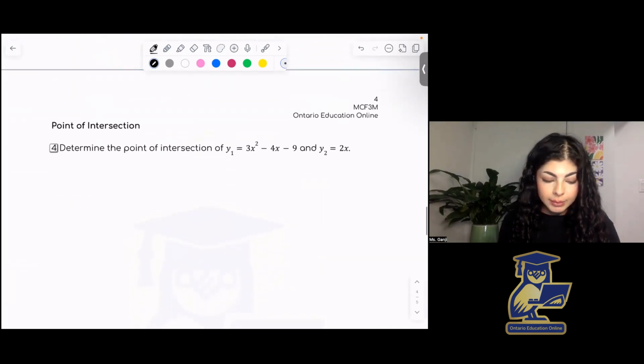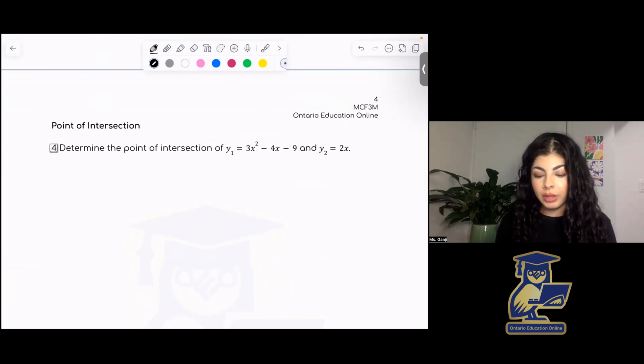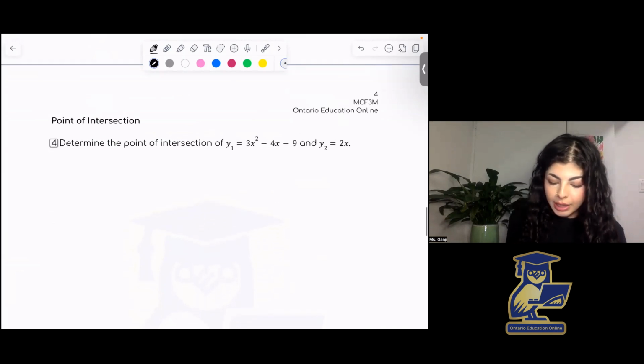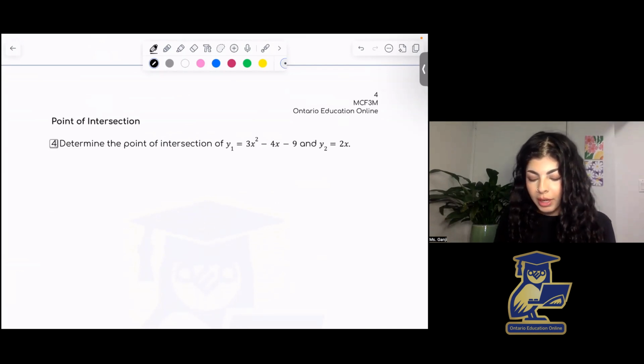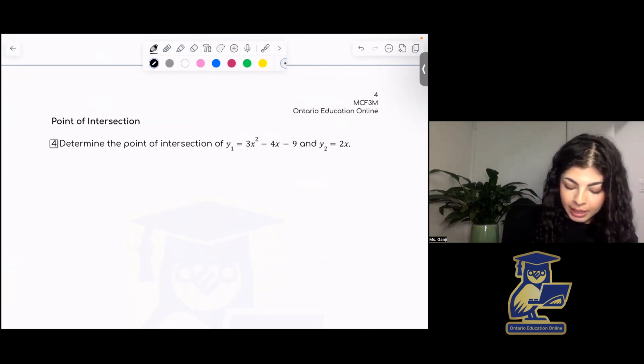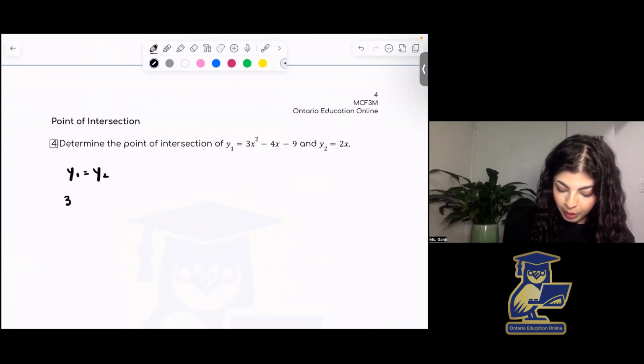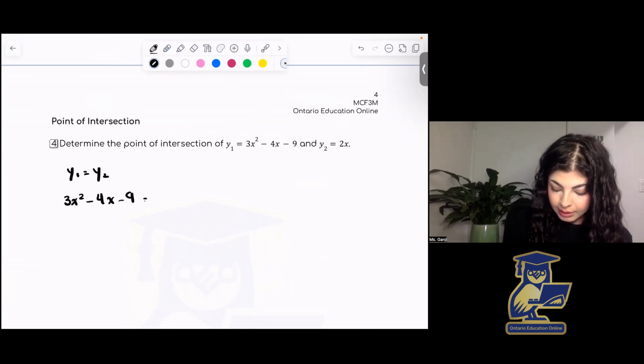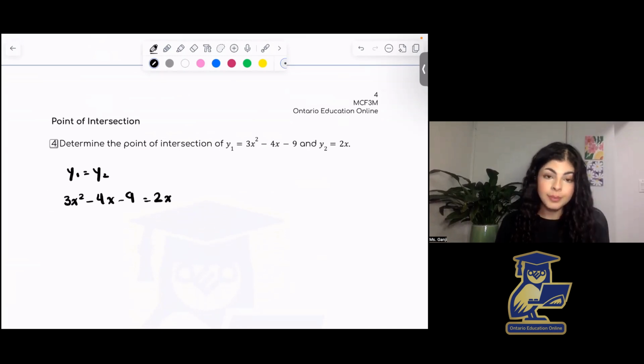And let's look at our last problem for this lesson, where we are now given a point of intersection problem, but now that we have the quadratic formula, we're going to try it with the quadratic formula. So here we're given two functions, y1 and y2, and we want to find where y1 is equal to y2. So where 3x squared minus 4x minus 9 is equal to 2x.